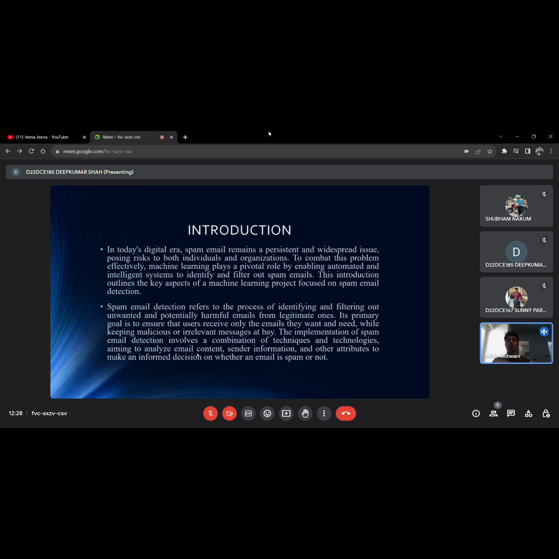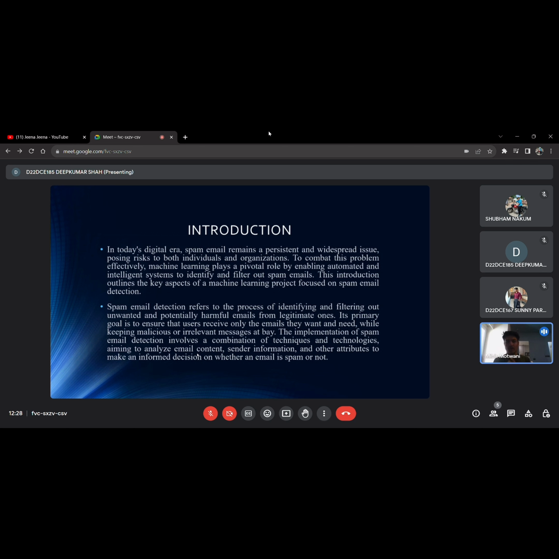Whenever that model was created, some training data was given to it. After analyzing some characteristics of spam emails, the model learns which specific characteristics it has to check in new emails to detect whether it is spam or not.